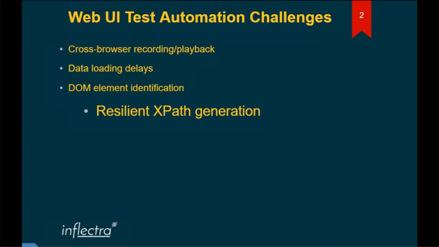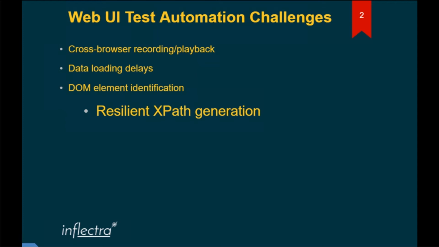And the third one, the challenge to which we devote most of our time today, is DOM element identification. What does it mean? It means that if you recorded a test, for each element you have an XPATH or CSS selector, it doesn't matter, and this selector must stay valid with time.